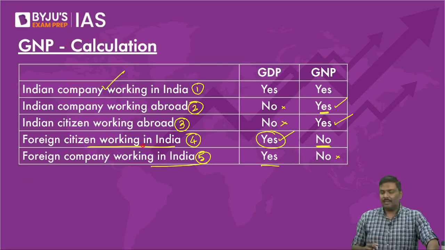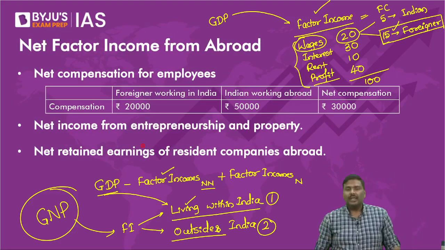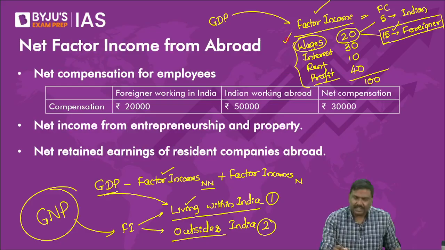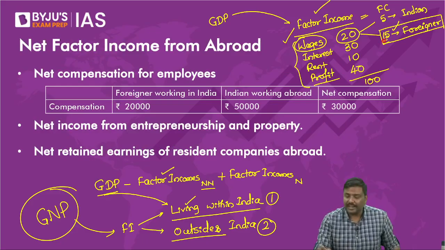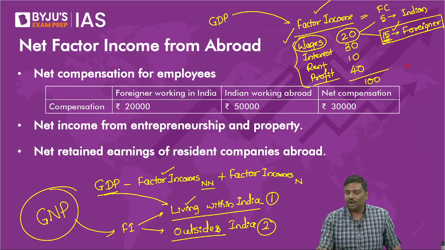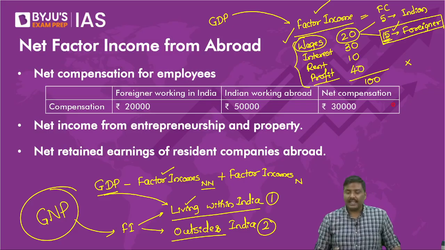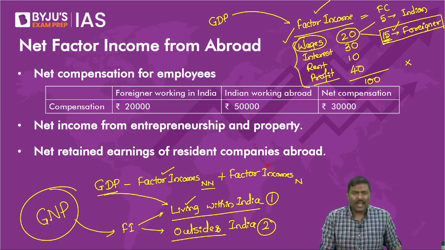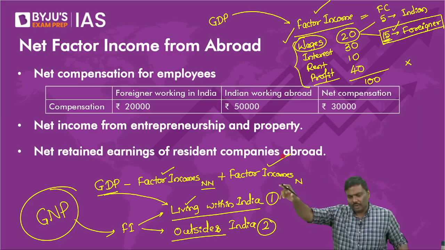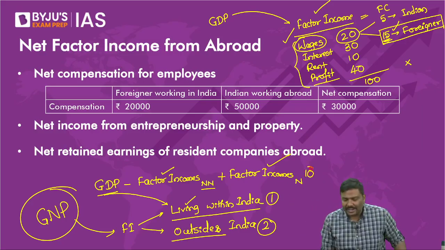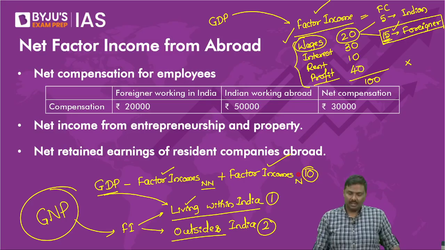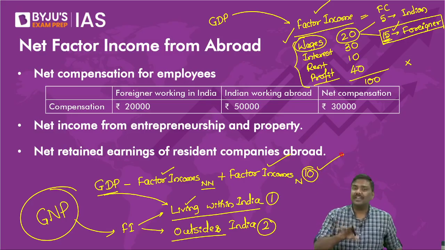Take this example. In this example that I've written here, can I say that the 15 rupee factor income should not be counted as a part of India's GNP? Whereas, as I told you, you as a software engineer have gone to the USA and earned a 10 rupee income there. It should be counted as a part of India's GNP.